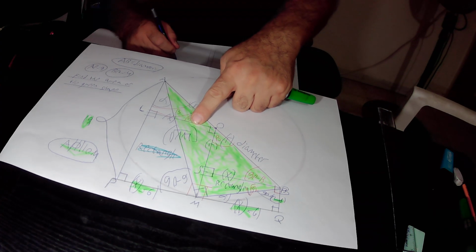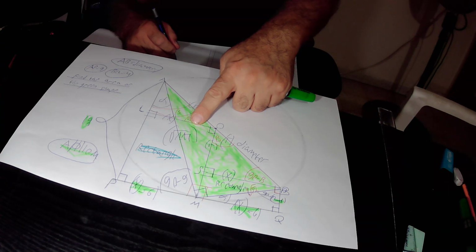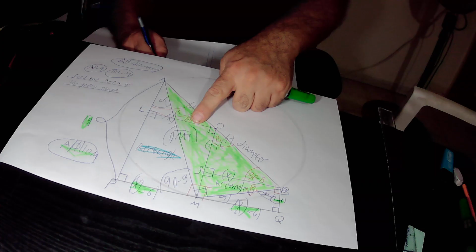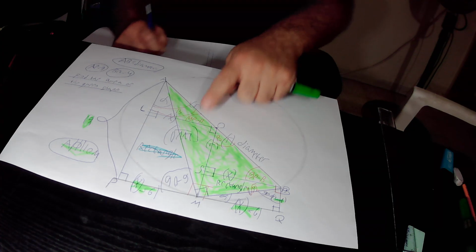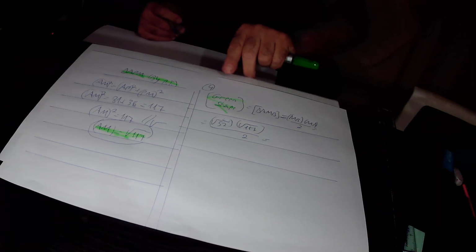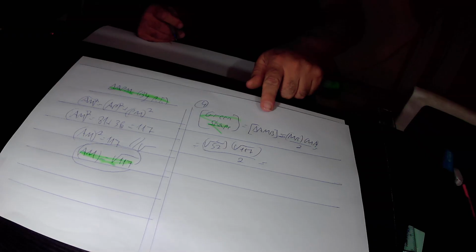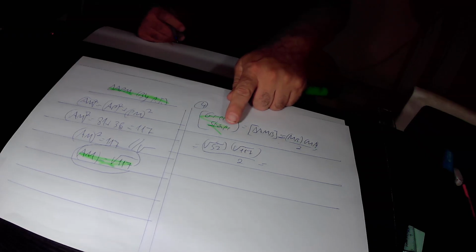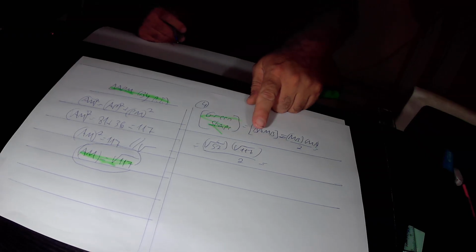We already found out that the height AM is equal to the square root of 117 units in its length, divided by 2. So in total, the area of the green shape, this is actually the area of the right triangle A and B, is equal to the square root of 52 times the square root of 117 over 2.